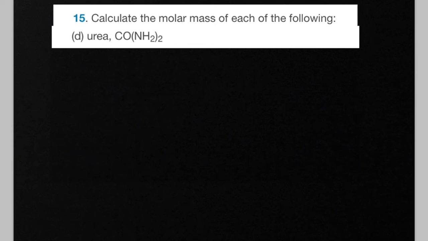D is urea. And we need to watch out for a couple things here. So if you see something like this, that's cobalt. Okay, if you see something like this, that's carbon and oxygen, or maybe carbon monoxide, right? So that's carbon, and that's oxygen.